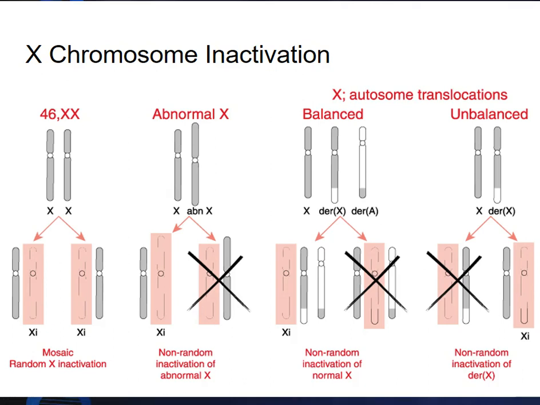So in order to provide balance, nature actually inactivates the normal X in a balanced X-autosomal translocation.